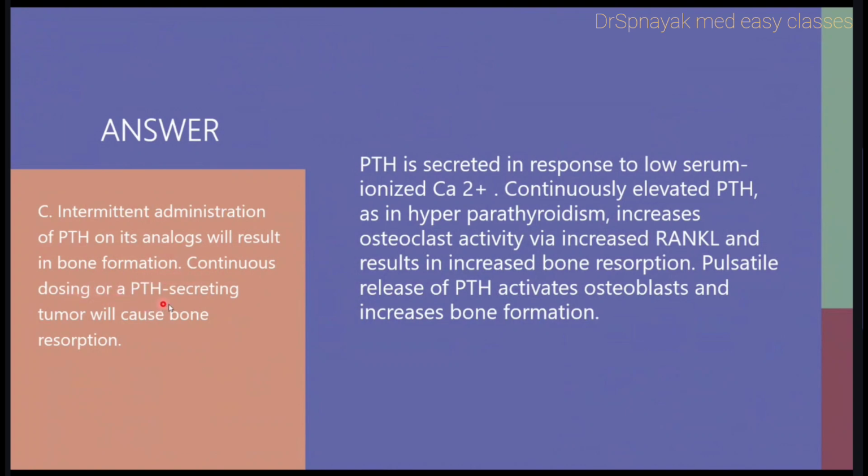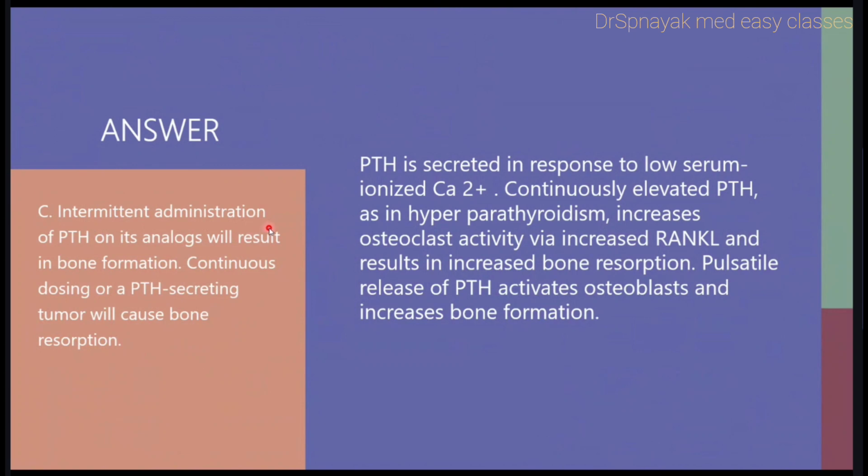Continuous dosing or a parathyroid hormone secreting tumor will cause bone resorption. If a tumor continuously releases parathyroid hormone, that will cause increased osteoclast activity and thus net bone resorption. But this question asked about intermittent administration, so the correct answer is net increase in bone formation.